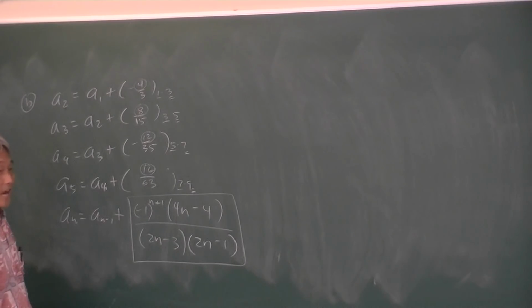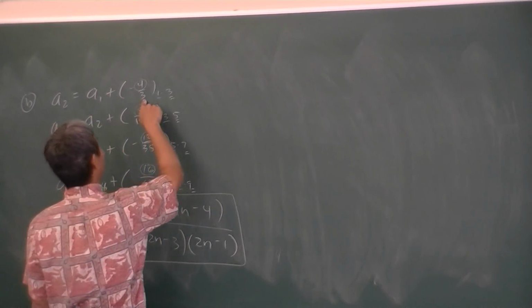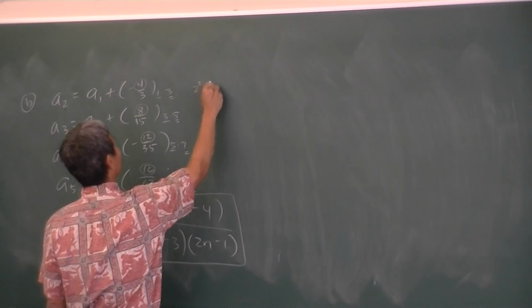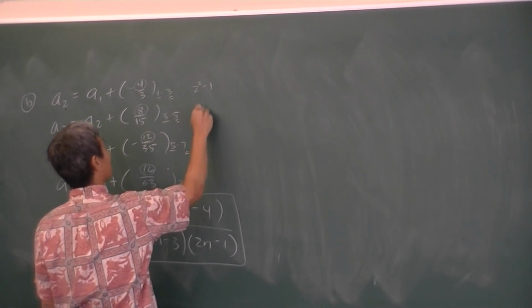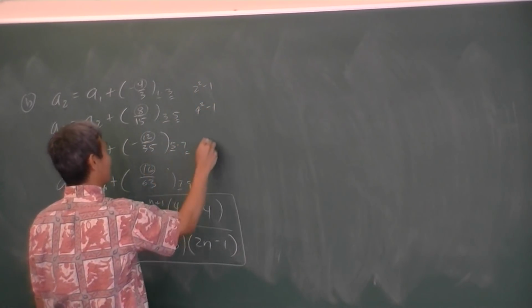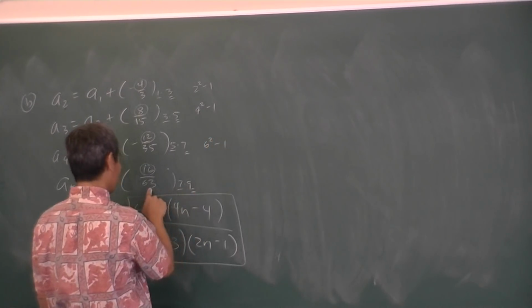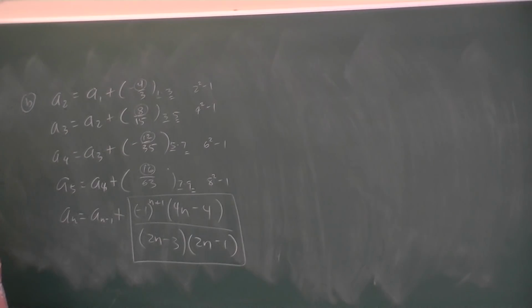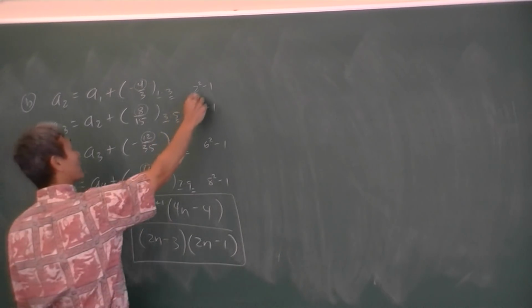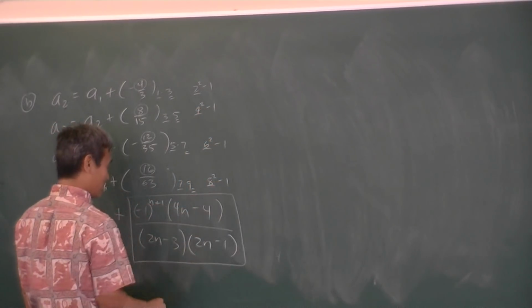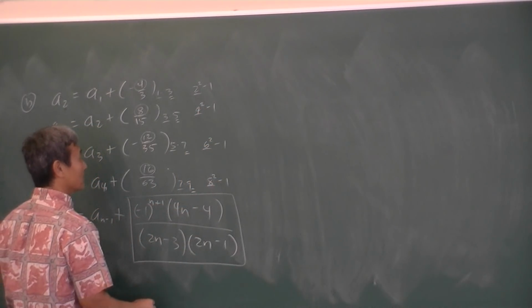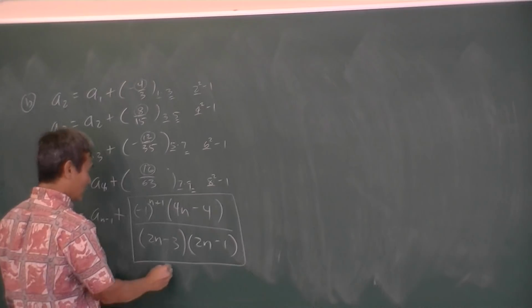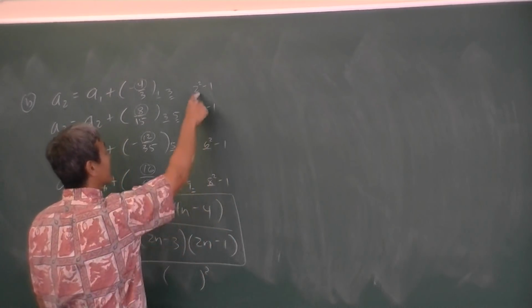Or, like yesterday, some of you like to think like this: hey, that's 2 squared minus 1. That's 4 squared minus 1. That's 6 squared minus 1. That's 8 squared minus 1. That works too, right? So how do you generate the numbers 2, 4, 6, 8?